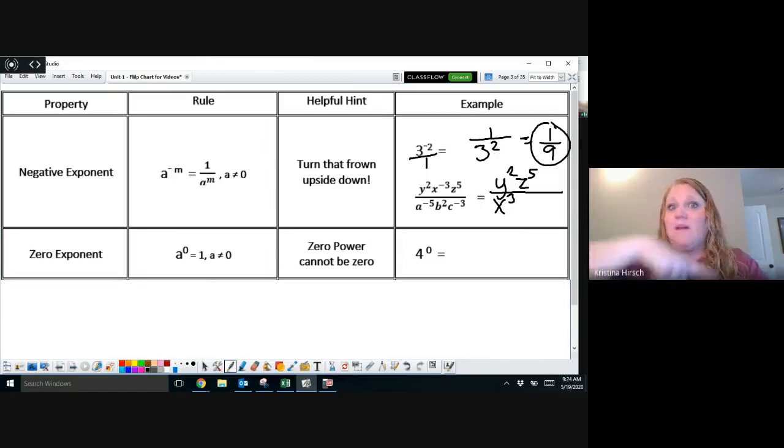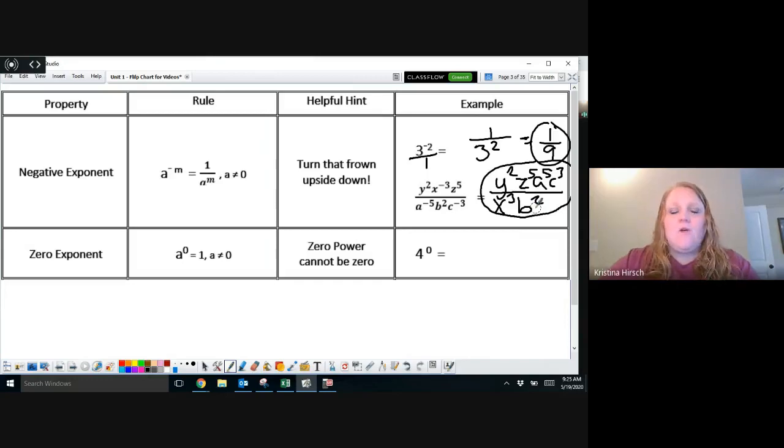It's not happy, so I'm going to flip it up and put it up here, so a to the positive 5. B squared is happy. And then c to the negative 3 has to move up and become c cubed. So I've made all of my exponents happy, or positive, by flipping them.